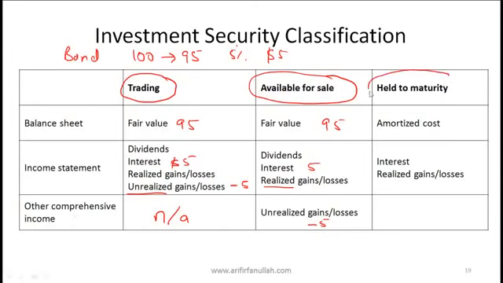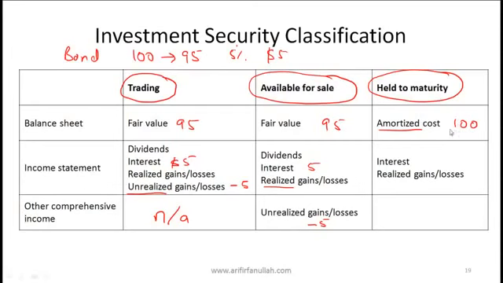Now the third category is held to maturity. Here on the balance sheet you show your bond at amortized cost. We will understand this concept of amortized cost later when we deal with bonds and fixed income securities. But for now, let's just say that this is approximately equal to historical cost. Say you bought the bond for 100, then with this held to maturity classification, the bond will be shown at 100 on your balance sheet.